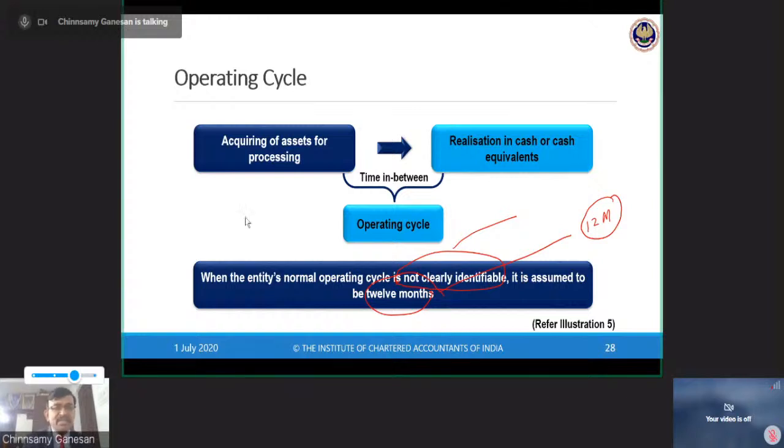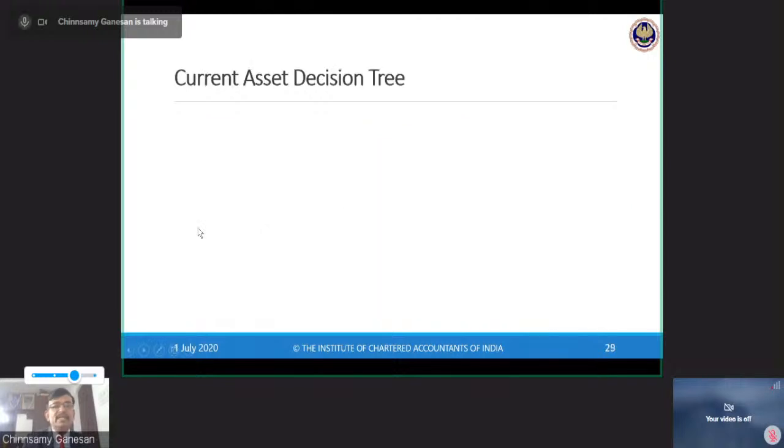What is the requirement of this operating cycle? Operating cycle will be used for determining the current and non-current classification. Ind AS 1 comes with 4 conditions to decide any asset as current asset or non-current asset. Similarly, there are 4 conditions which have been given to decide whether a liability will be a current liability or a non-current liability.